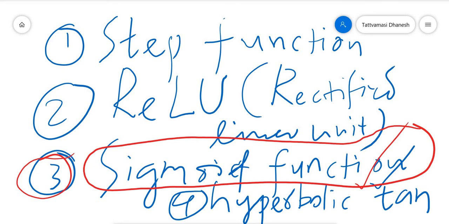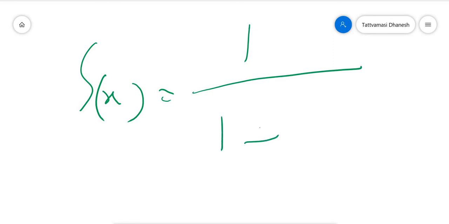The sigmoid function is denoted by S(x), and it is given by S(x) is equal to 1 by 1 plus e raised to minus x. This is the most commonly used activation function in artificial neural networks.